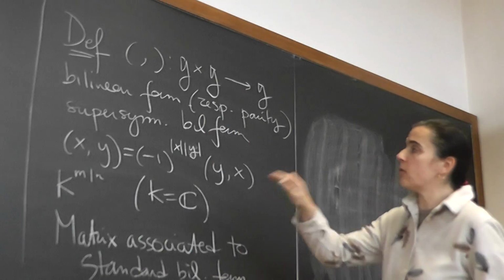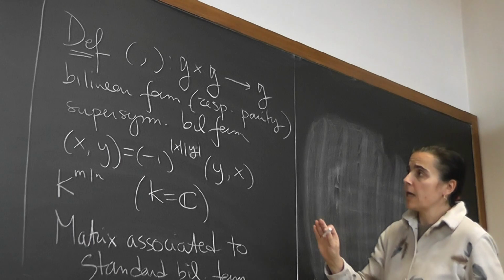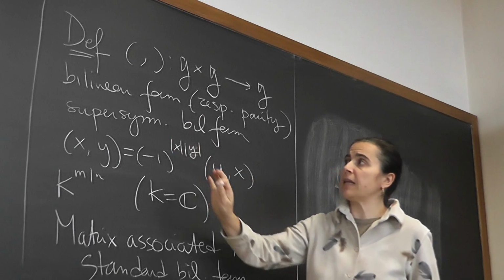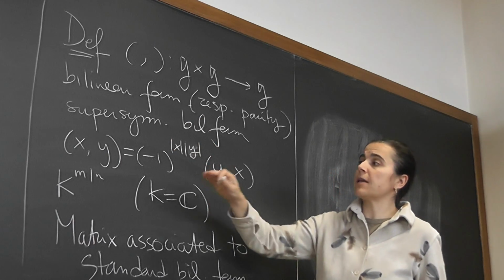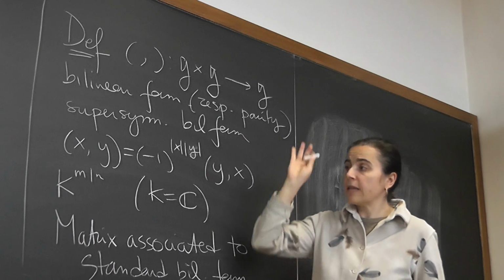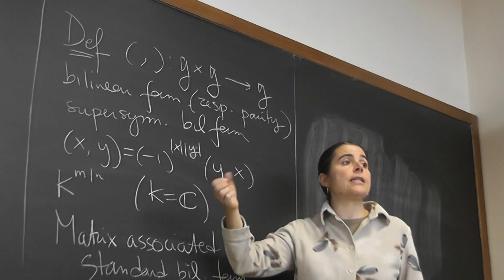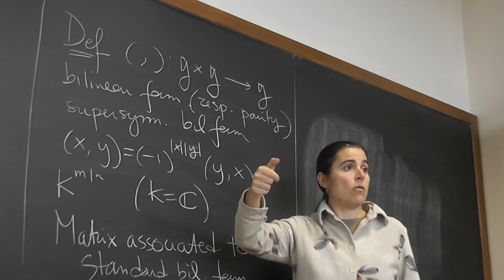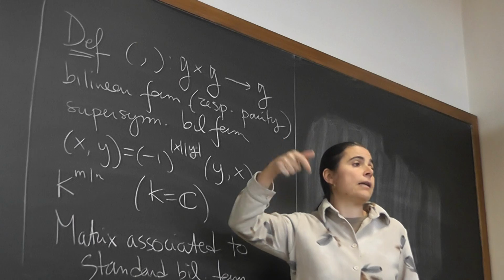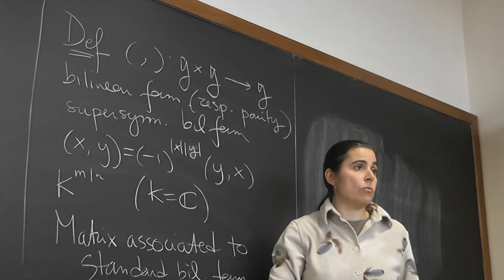So it is clear how this form should look like, because it will be a symmetric bilinear form. That is a scalar product on the even part, while on the odd part, it will have the property that reverses the sign. Okay, so it will be an antilinear skew product.